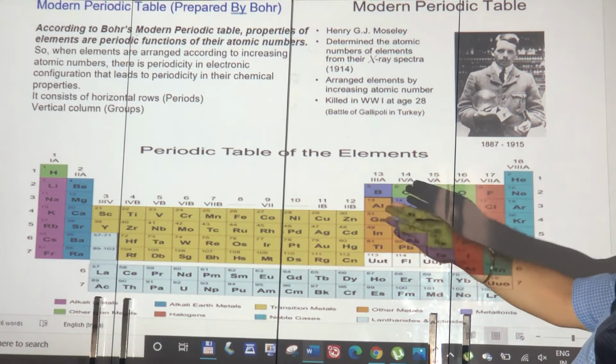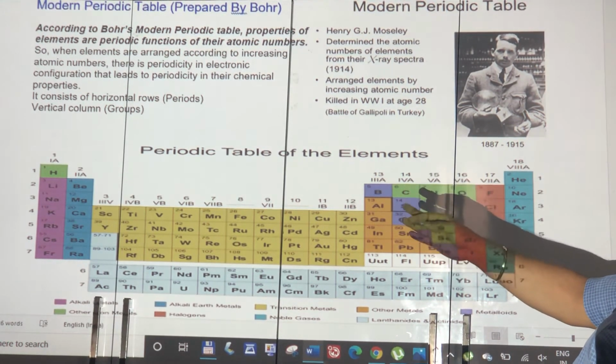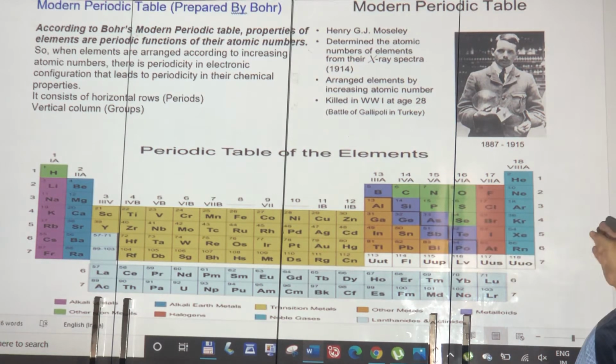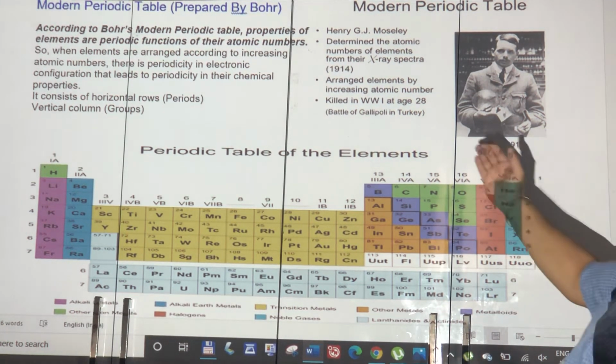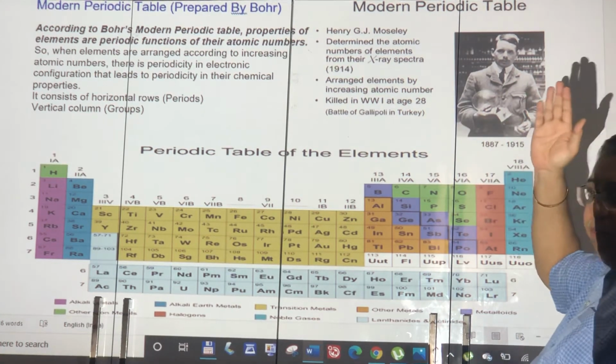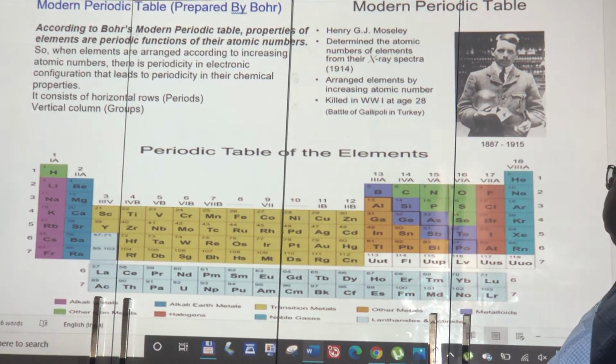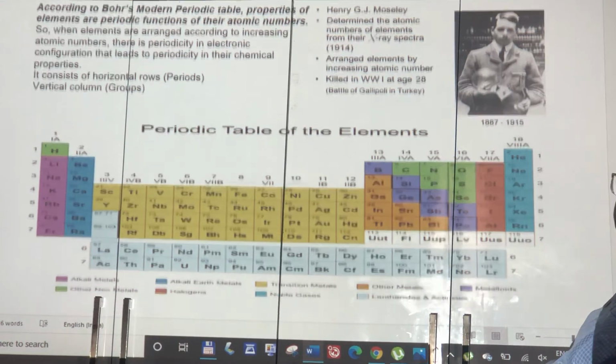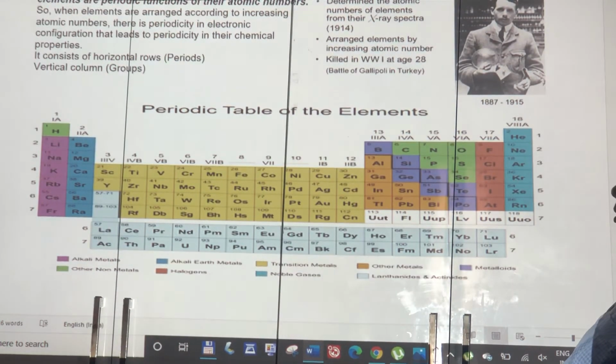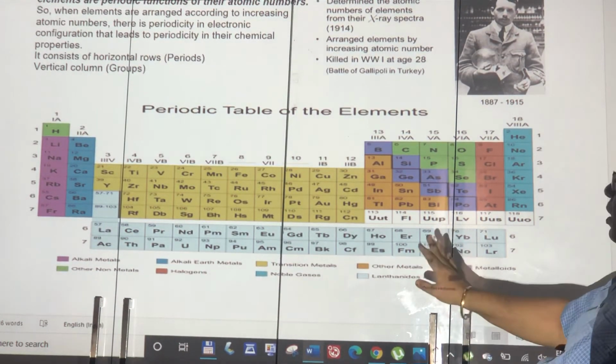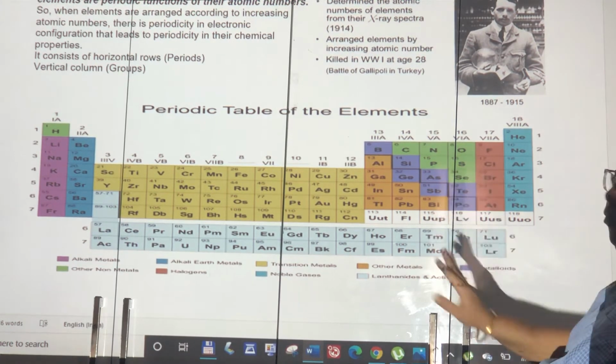Okay, so you can see 1A, 2A, 3, 4B, 5B, these are groups. And 1, 2, 3, 4, 7 are periods. Okay, he died very young, at 28, or God knows where he would have taken chemistry. Poor guy got killed in a battle. Very, very brainy chap, but unfortunately. So today's periodic table we owe to these people for changing it.